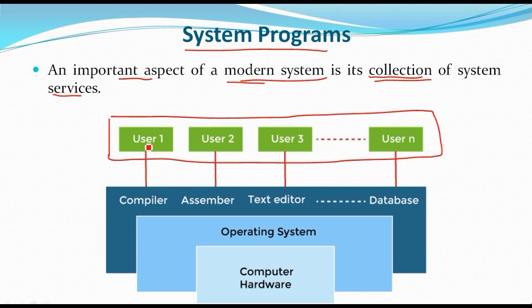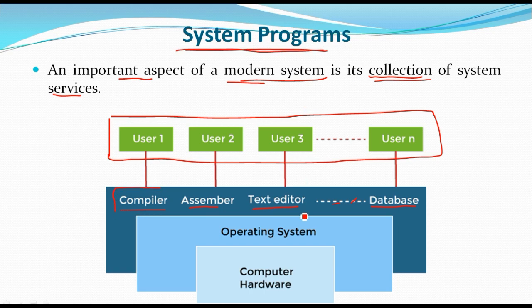System programs means compilers, assemblers, text editors, word processors, spreadsheet applications, presentation software, databases. All these are application programs, and all the services of these applications are provided by the system programs.